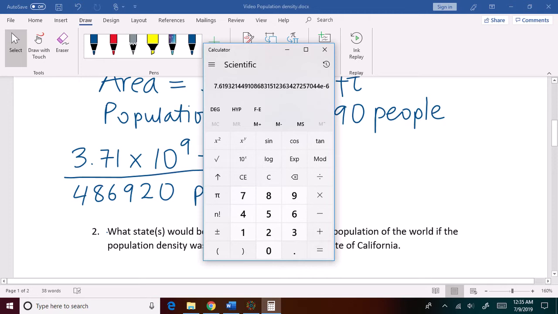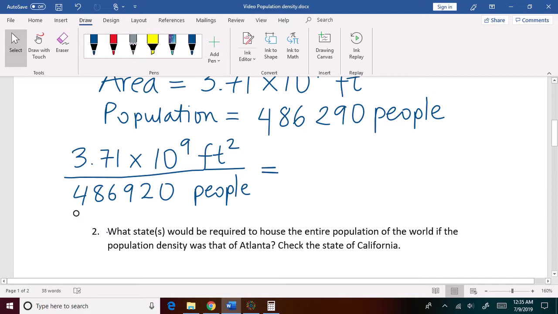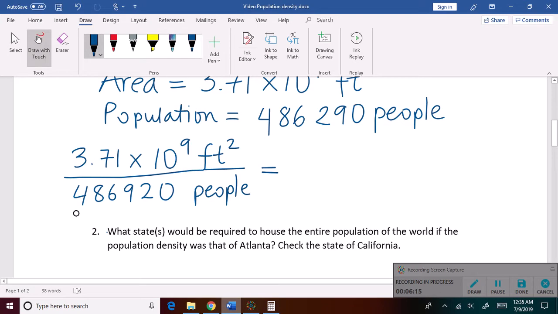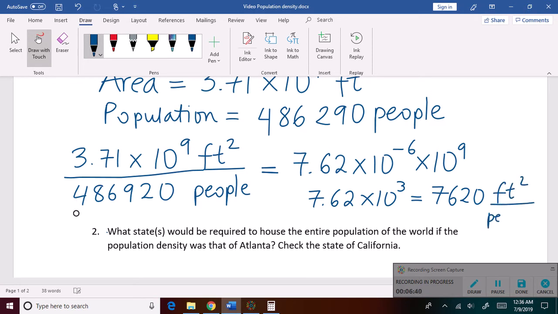So I got 7.62 times 10 to the negative 6, and there's also 10 to the 9, so it's 7.62 times 10 to the negative 6 times 10 to the 9, which is 7.62 times 10 to the 3, which is 7,620 feet squared per person.